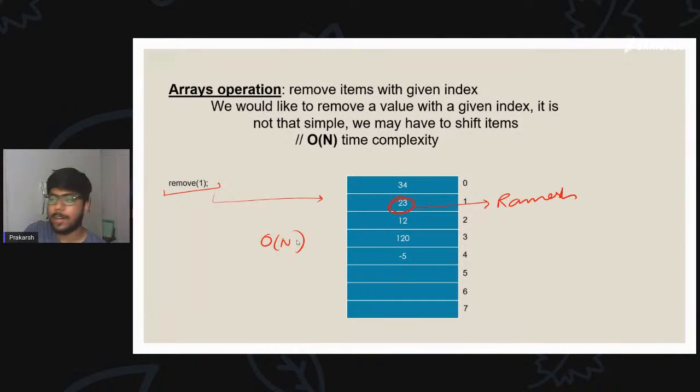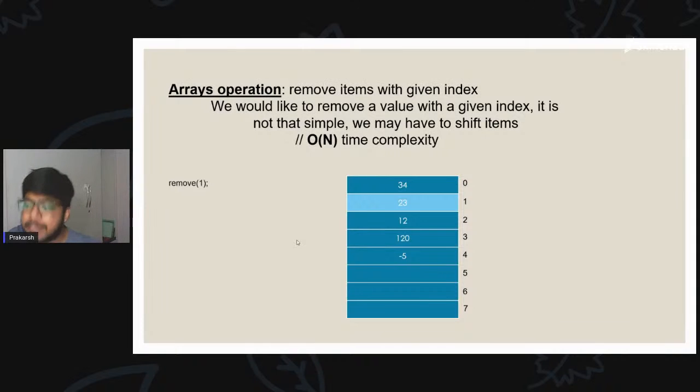Understood? So if I have to remove Ramesh, I have to go through a lot of pain to remove that idiot out of my class. So I have located Ramesh. I know where he's sitting, and now I'm ready as a tiger. I'm looking at him, and I'm like, Ramesh, get out.